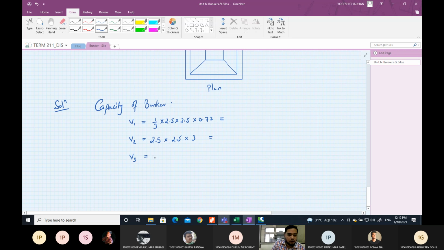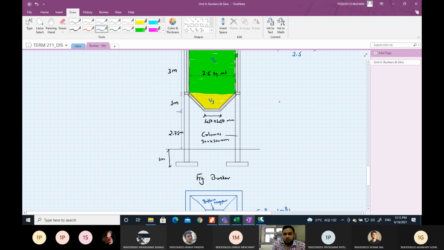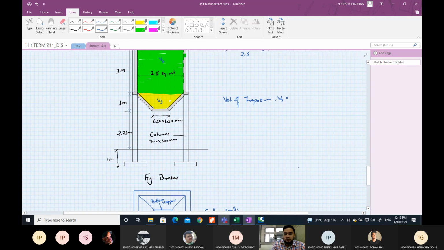So the volume of this trapezium is given by one by 3 into, let us say the area at the top be A1 and area at the bottom be A2, A1 plus A2 plus root of A1 A2.